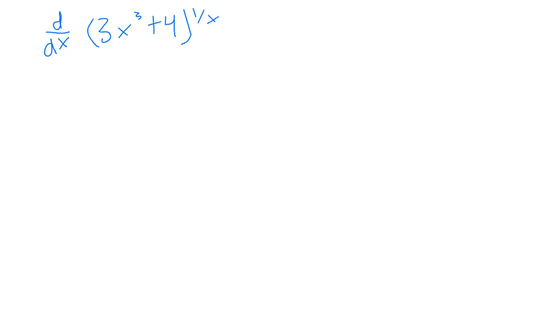Well, we don't really have a way we can do that using our normal natural log rules. So what we can do is rewrite this as a function y equals 3x cubed plus 4 all to the 1 over x.